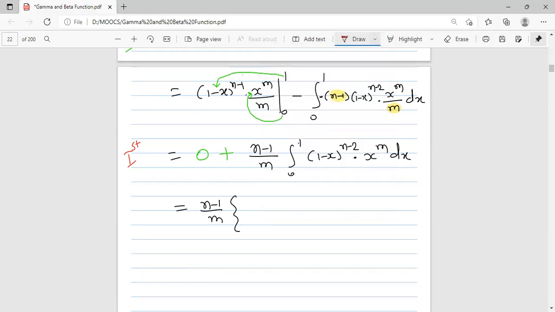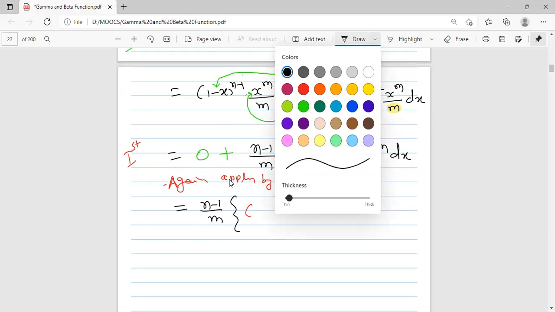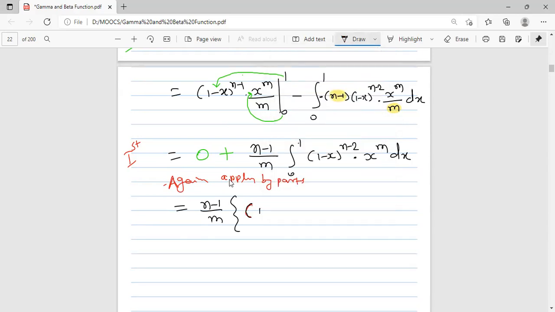Again applying by parts, we get this term. The first term I am keeping as 1 minus x raised to power n minus 2, this is my first term, into the integration of the second term.